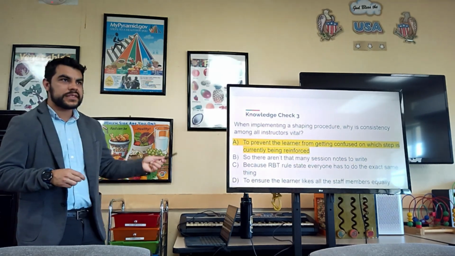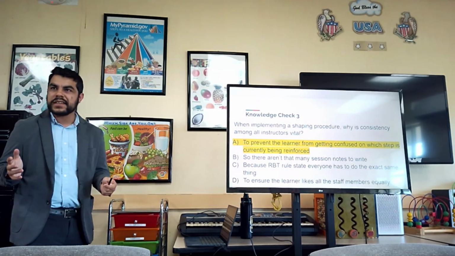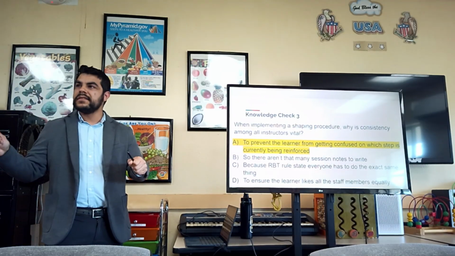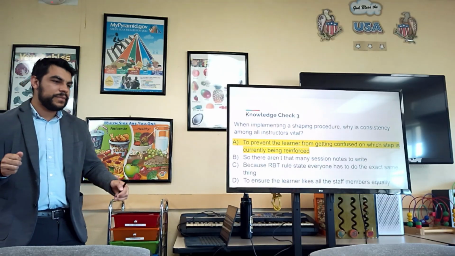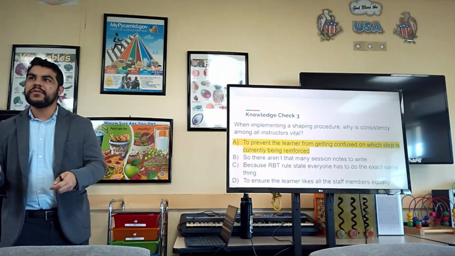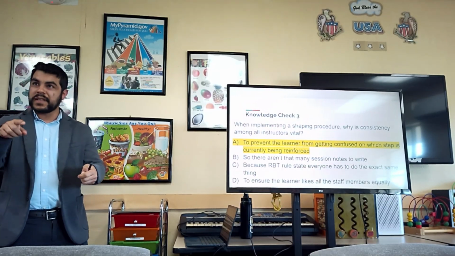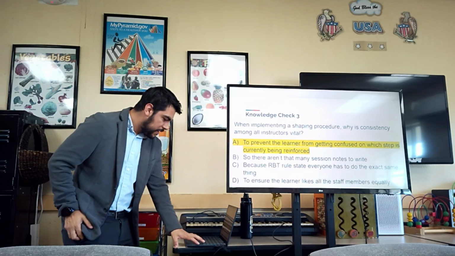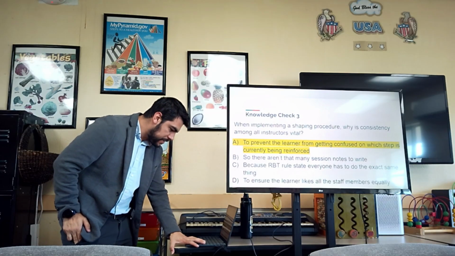To use the previous example, you can imagine how confusing it is if we're teaching them to use a microwave and they got the opening the door step down, but then somebody reinforces them putting it in, somebody reinforces them clicking the add 30 seconds button. They would not know what to do in that situation.